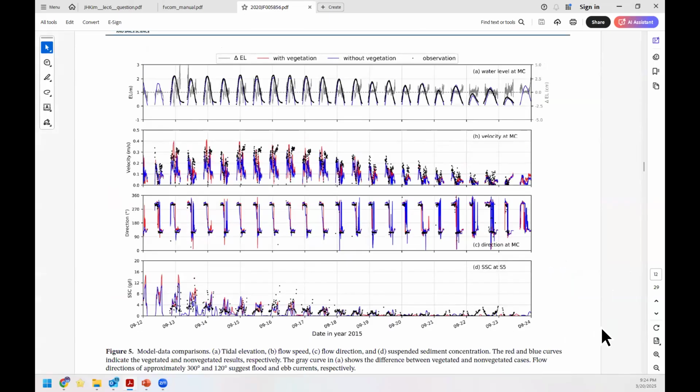Very interesting: during the flooding tide, it takes a long time to get the water into the marshy area. When the tide drops, the transition time is very short. You see the direction over here? It quickly goes down. That means you can see the sediment concentration.